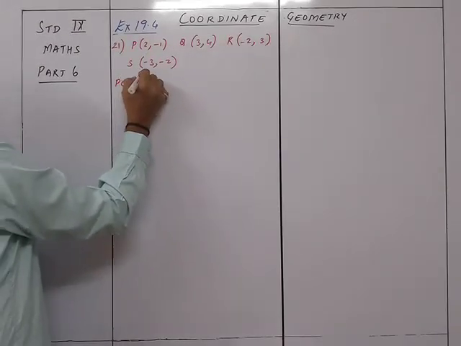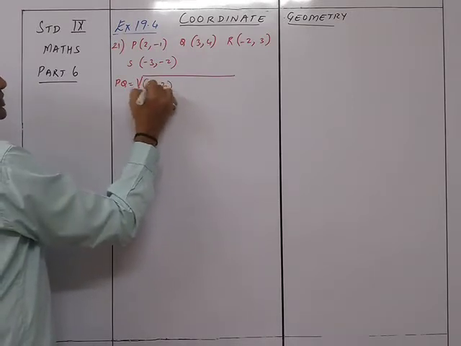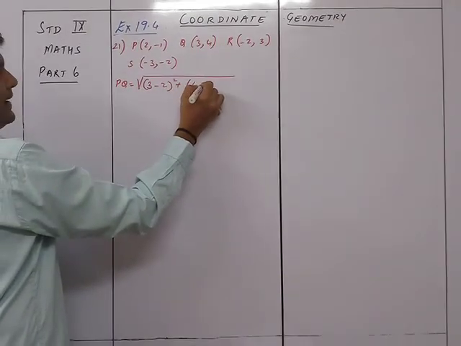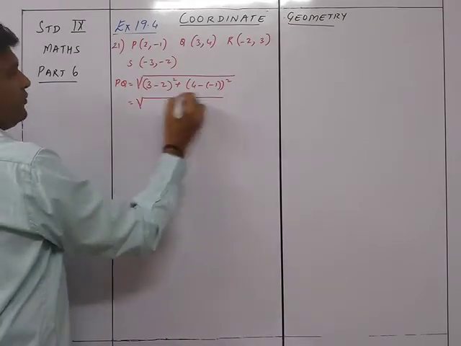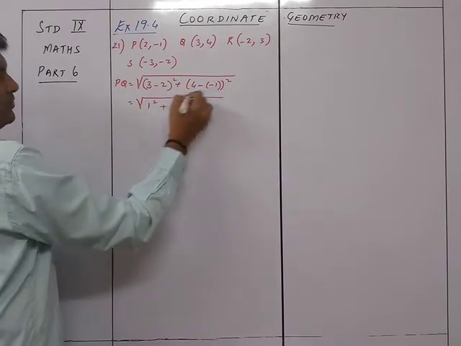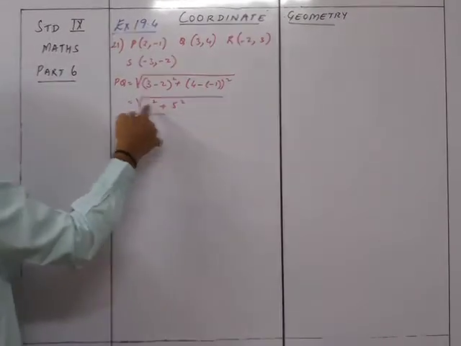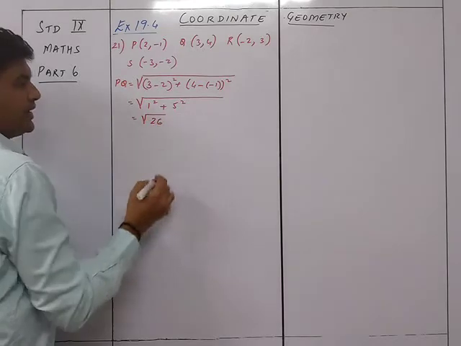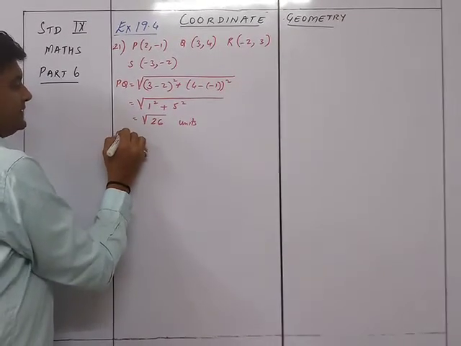PQ will be square root of (3 - 2) the whole square plus (4 - (-1)) the whole square. That will be square root of 1 square plus 5 square. So that's square root of 25 plus 1, 26 units. Next is QR.